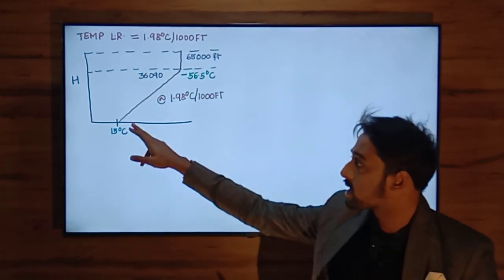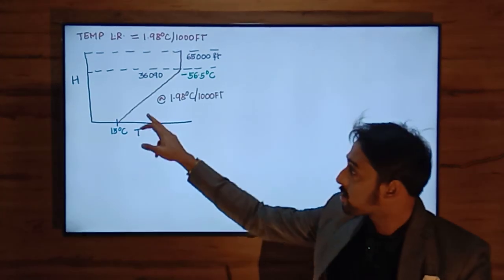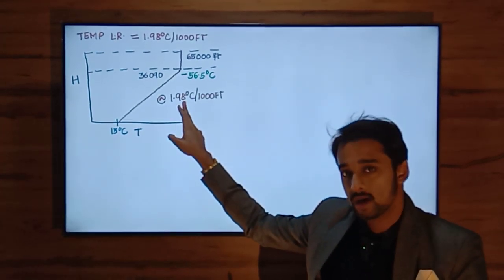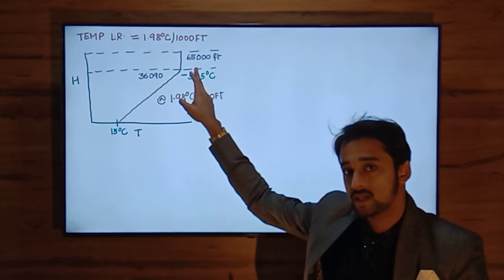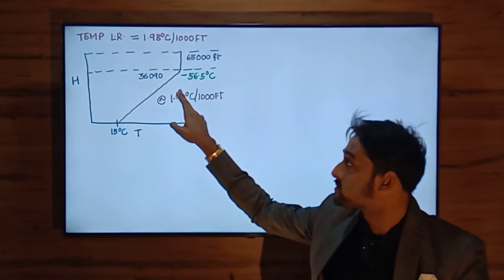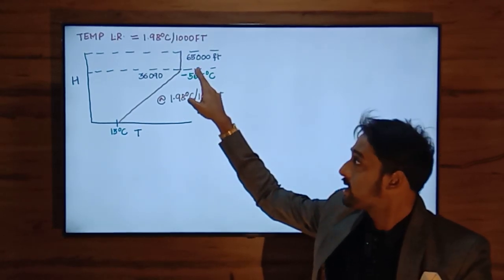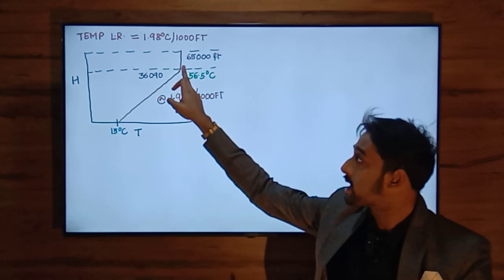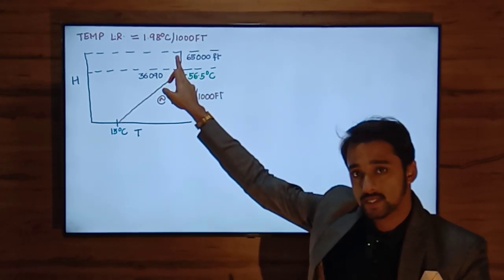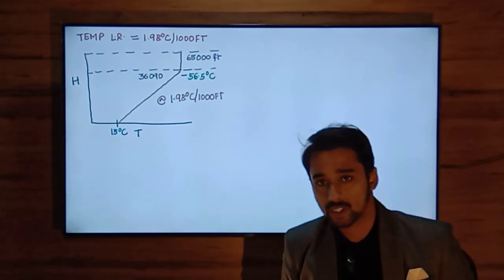So two things we covered. Mean sea level temperature 15 degrees Celsius. It drops at the rate of 1.98 per 1000 feet. At 36,090, the lapse rate stops. The temperature achieved at that height is minus 56.5 Celsius. Beyond that, it stays constant at minus 56.5 degrees Celsius up to the height of 65,000 feet approximately.